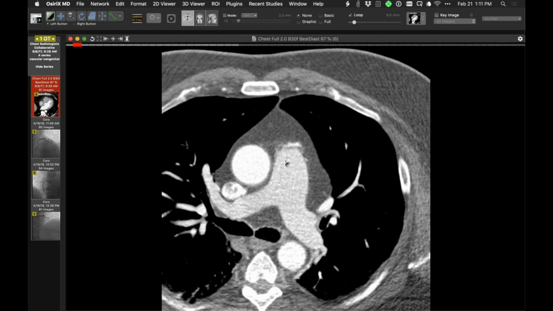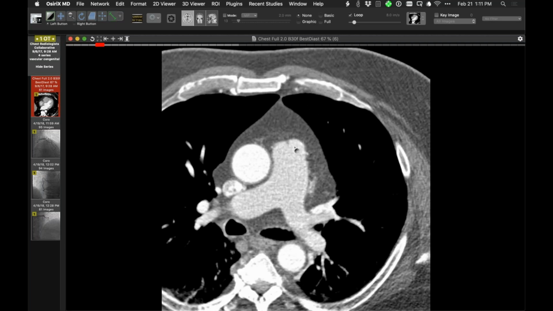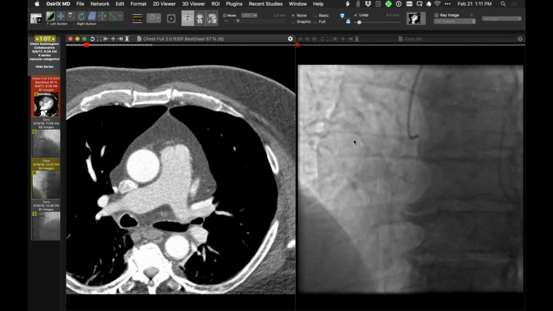So there's some vessels there. And then anteriorly in the main pulmonary artery, there's perhaps a little bit of a blush right there, kind of subtle. But here is a correlative image from the right coronary artery injection done subsequently for evaluation of that.